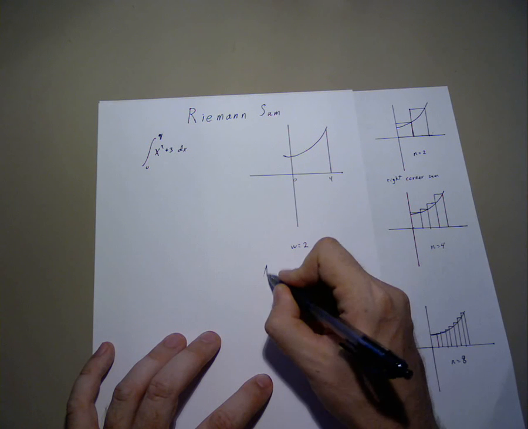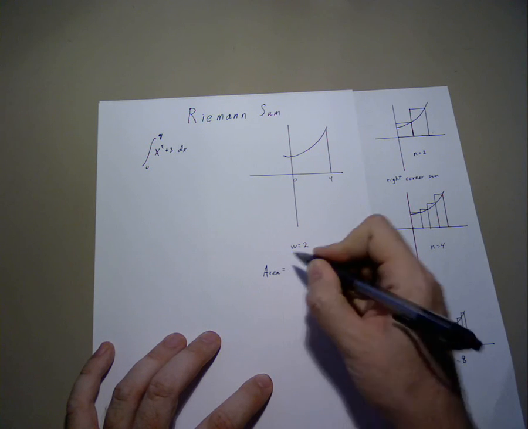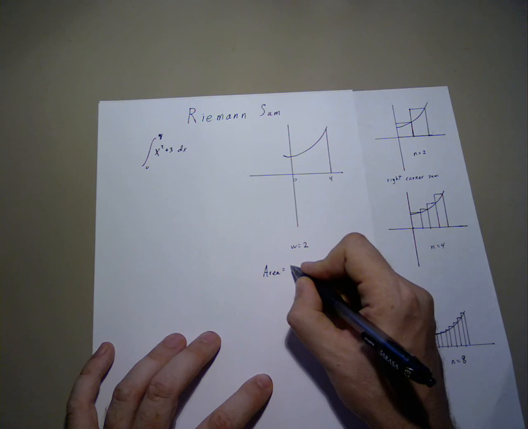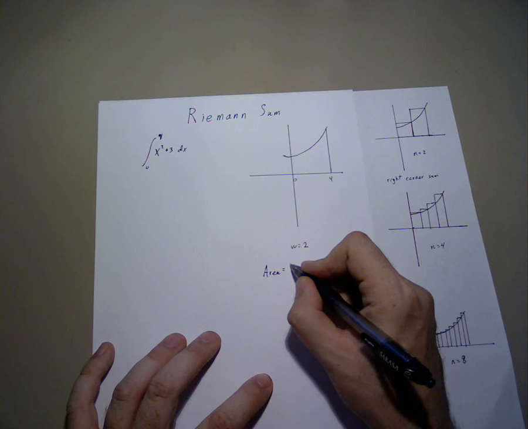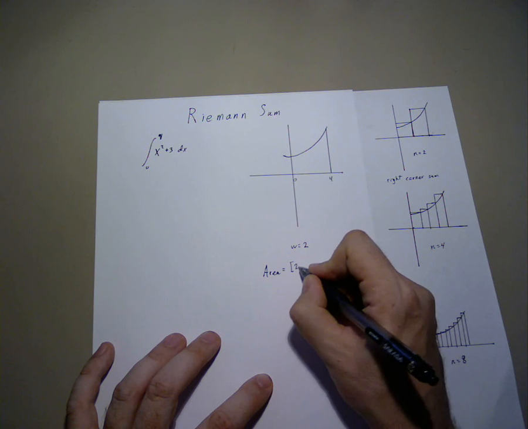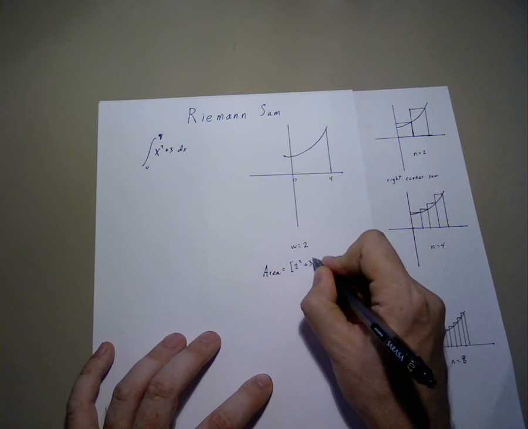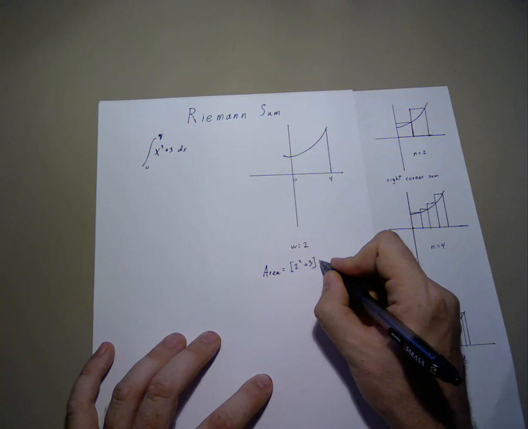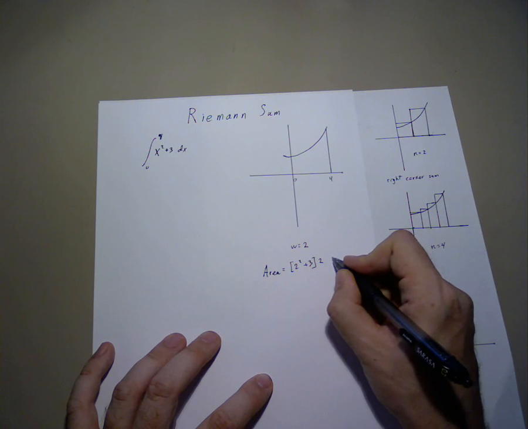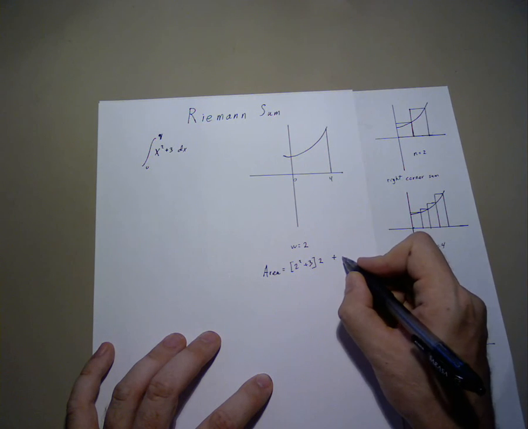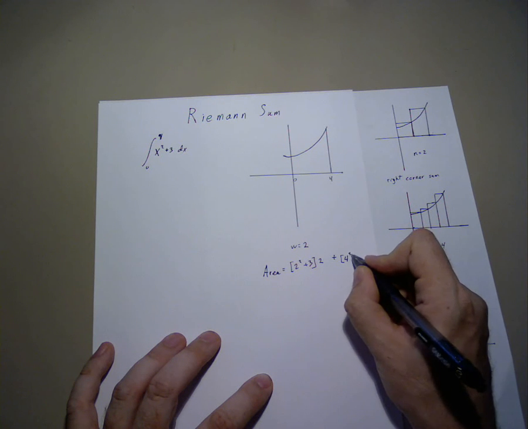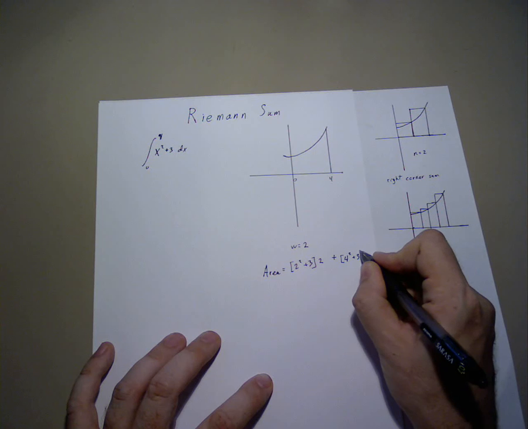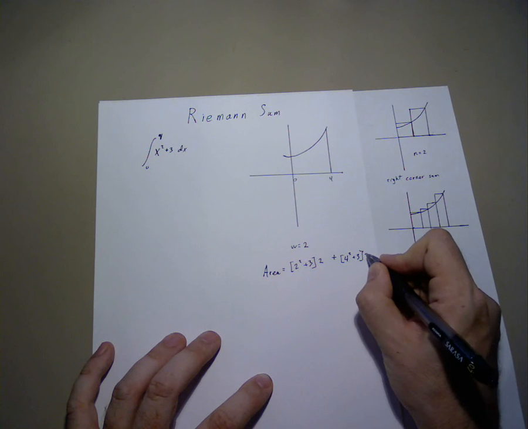So the area is going to be, we'll do x squared, where x is 2, plus 3, times a width of 2, plus x squared, where x equals 4, plus 3, times the width of 2.